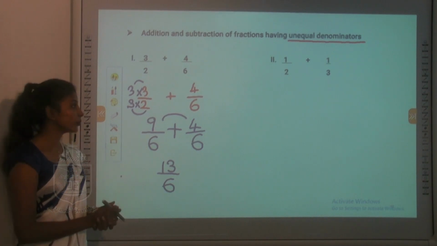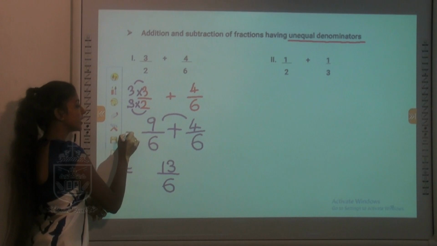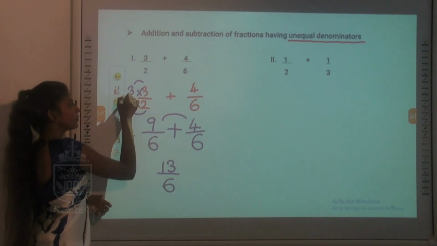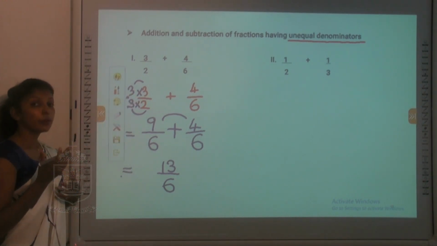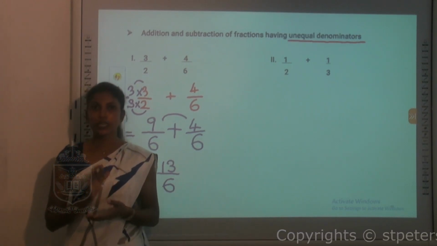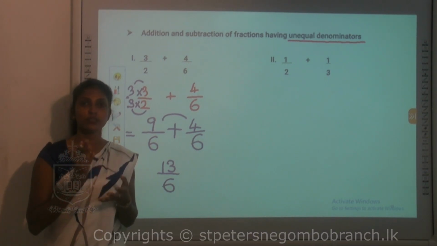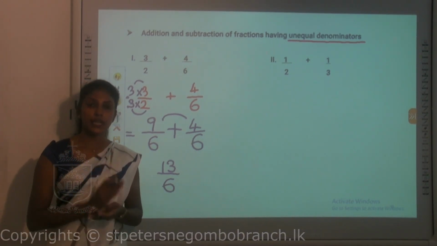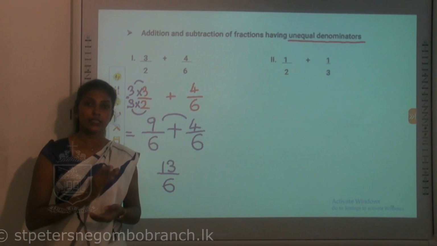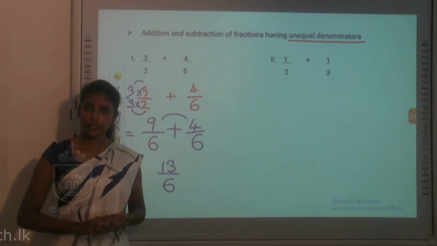So you should know that you have to convert this improper fraction into a mixed fraction. Right? Again, I'm going to remind you of the points that you should keep in mind. When you are converting or simplifying a fraction, the last answer should be a proper fraction and also it should be in the simplest form.